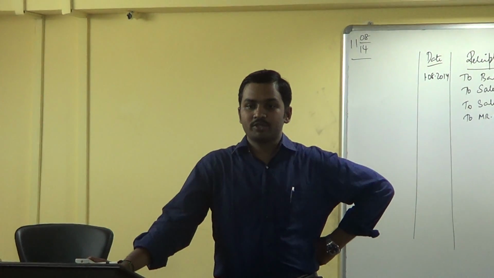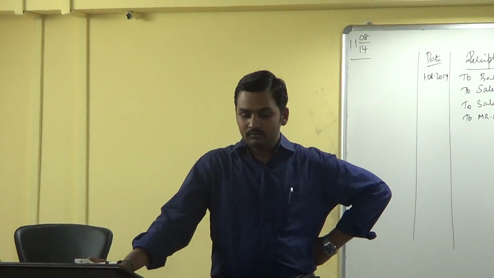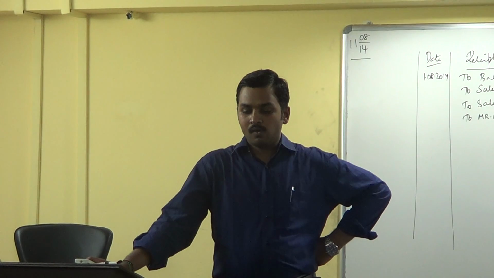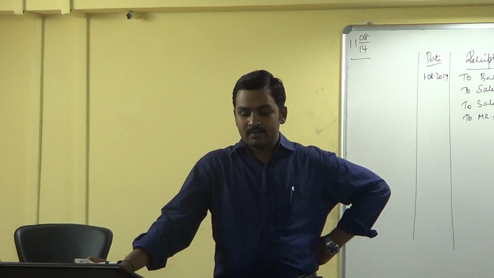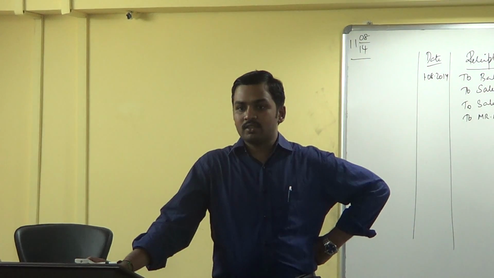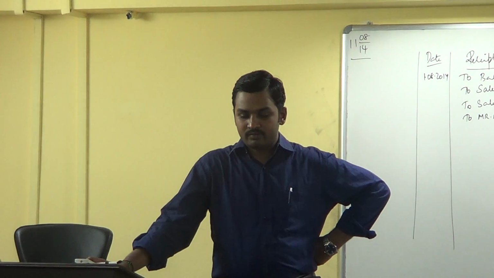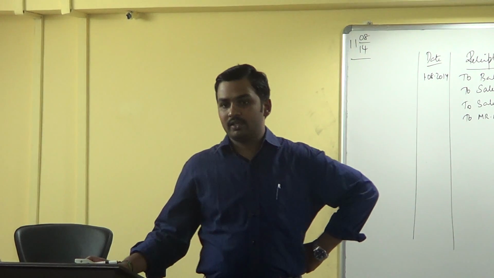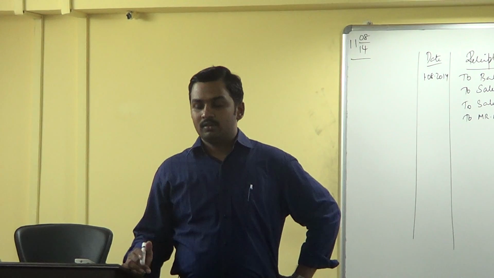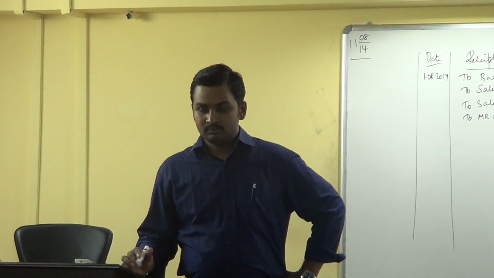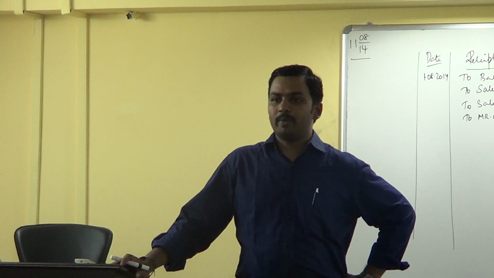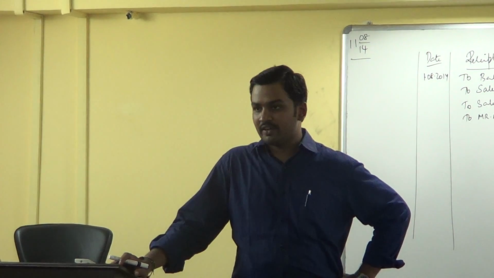Check issued to Mr. C, 69,300 in full settlement. Actually, how much do you have to pay to Mr. C? 70,000.